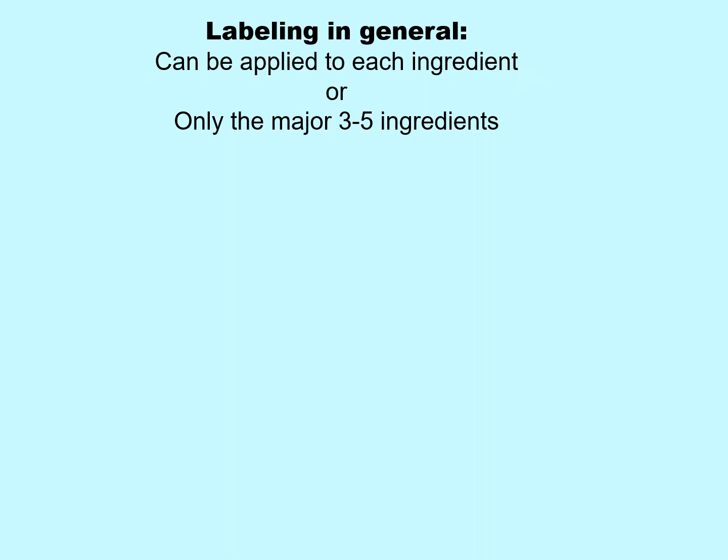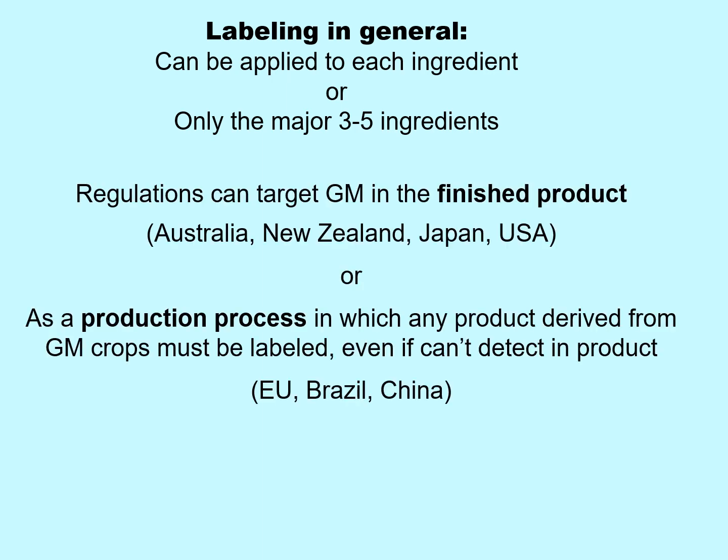So looking at labeling in general, labeling can be applied to each ingredient, or only the major 3 to 5 ingredients, or only the finished product. So for example, Australia, New Zealand, Japan, and the USA only label the finished product. Whereas the European Union, Brazil, and China look at the production process, in which any product derived from genetically modified crops must be labeled, even if it can't be detected in the product.